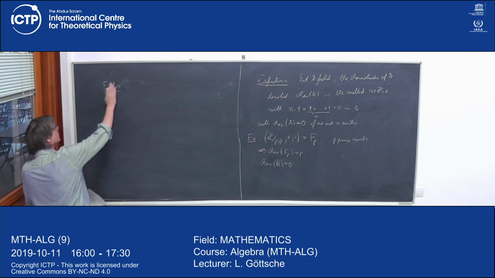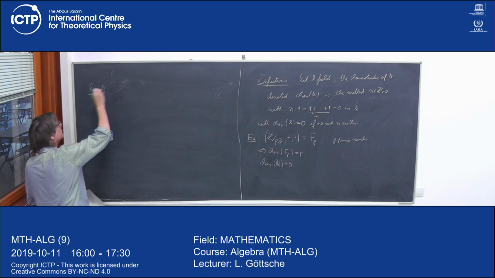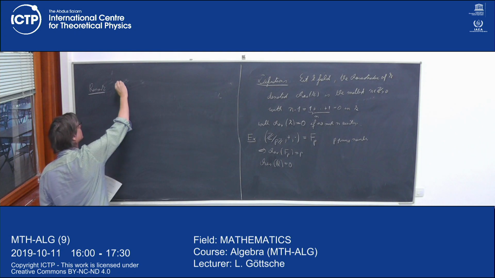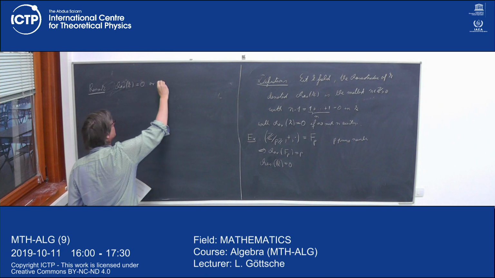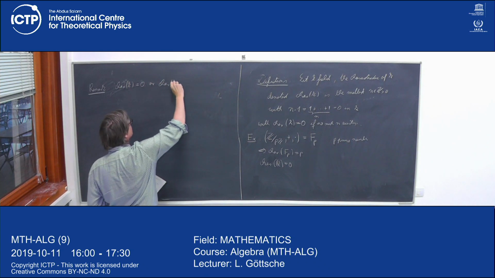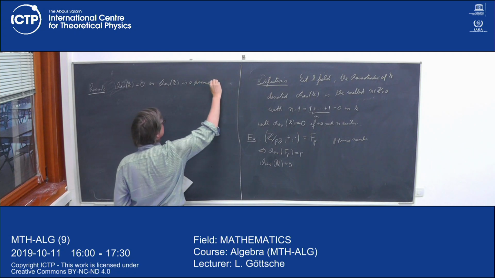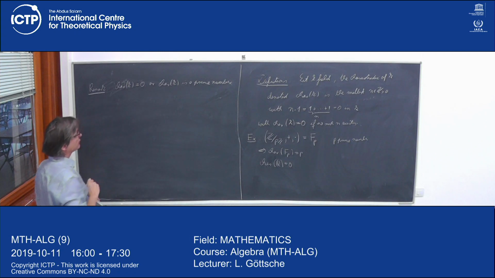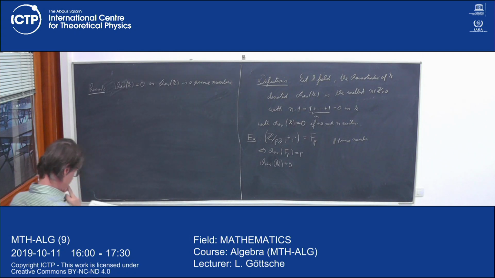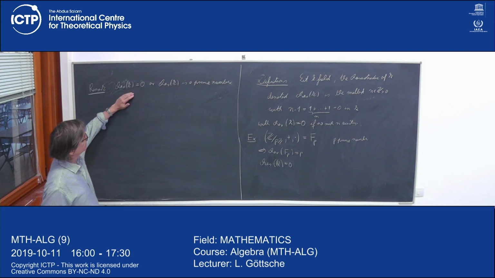That is, the characteristic of K is equal to 0, or the characteristic of K is a prime number, for any field. Okay, for any field, it's either 0 or prime. So obviously, if the characteristic is 0, we are done. So assume it's not 0.